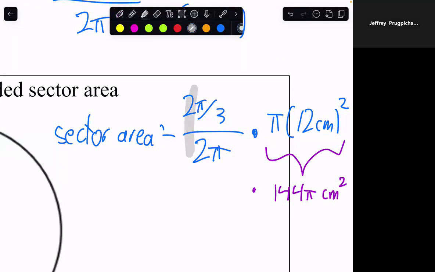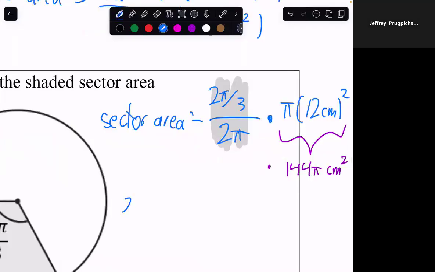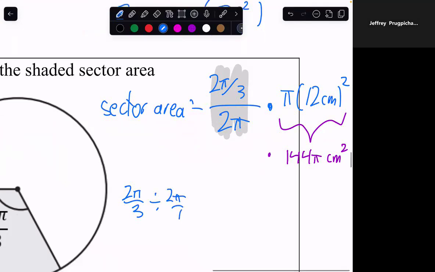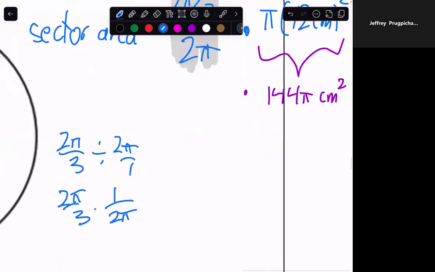Off to the side, let's simplify this fraction within a fraction. 2 pi over 3 divided by 2 pi converts to 2 pi over 3 times 1 over 2 pi. So here, the entire 2 pi can cancel out, leaving 1/3.